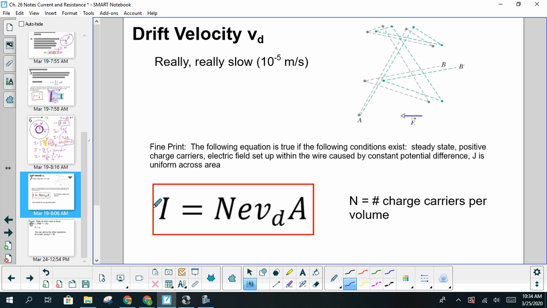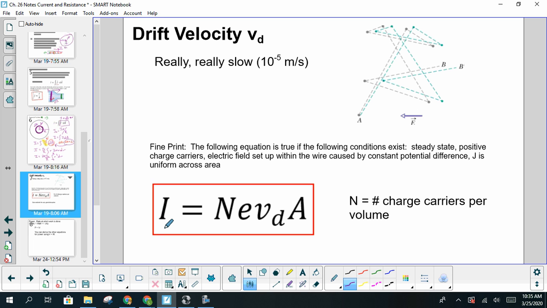So our current here, this whole chapter is all about current, looking at it in different forms. Our charge carriers within a wire move very slowly, and they also move very erratically. So just because we have an electric field in a wire that is causing charges to move, or we set up a potential difference across a wire that causes charges to move, that doesn't mean that they all move in a straight line like they're in a marching band, right?